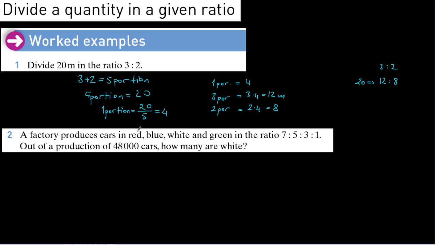A factory produces cars in red, blue, white, and green in the ratio 7, 5, 3, and 1. Out of a production of 48,000 cars, how many are white? As you understand from the previous example, we have 7 portions, 5 portions, 3 portions, and 1 portion.